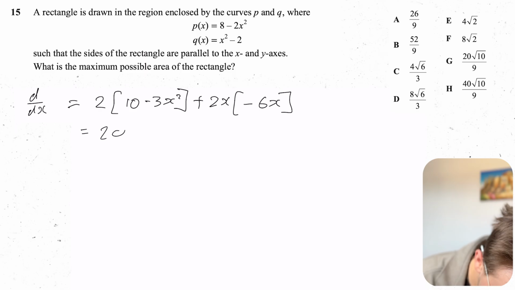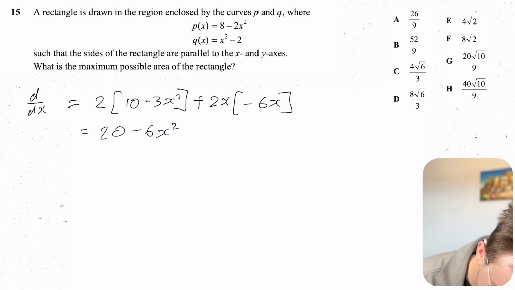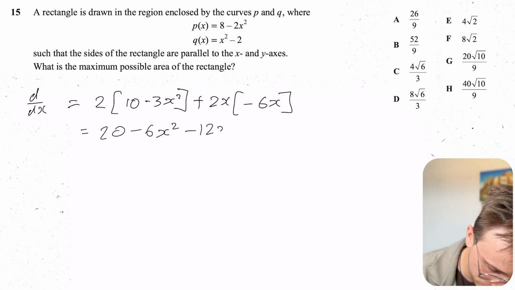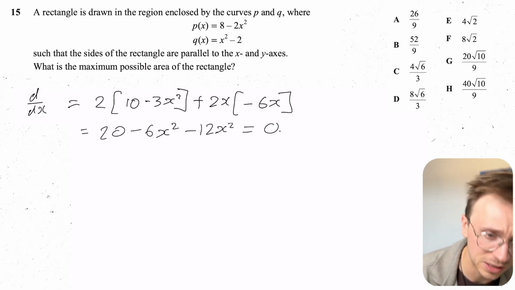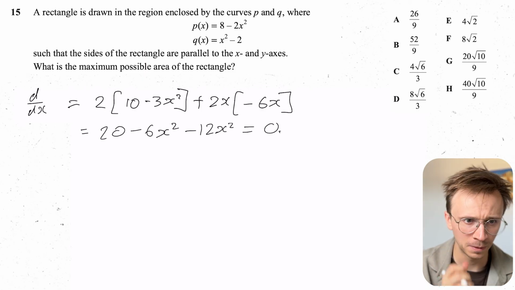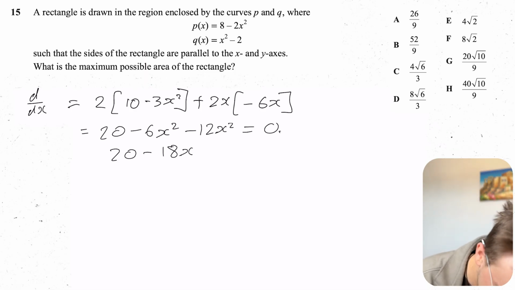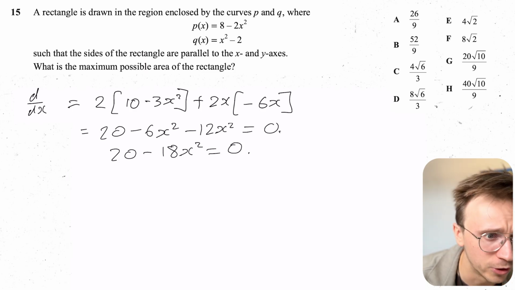Then I have 20 minus 6x squared and minus 12x squared, and that equals 0 because I'm looking for a maximum. So then I have 20 minus 18x squared. It's not super nice, but none of the answers look nice.